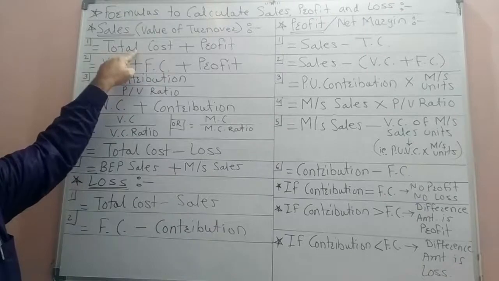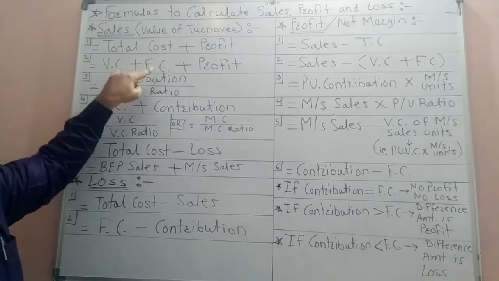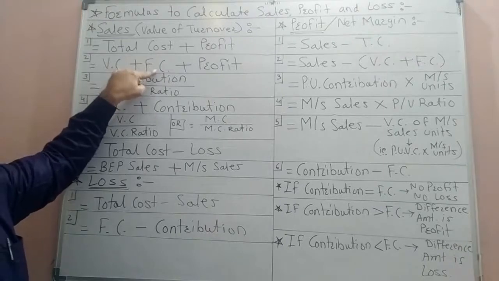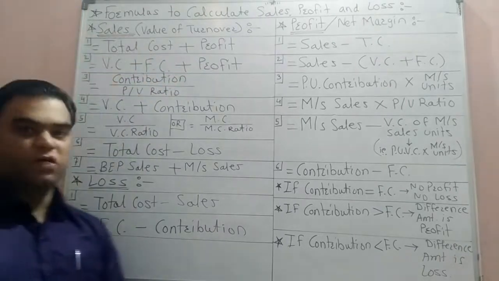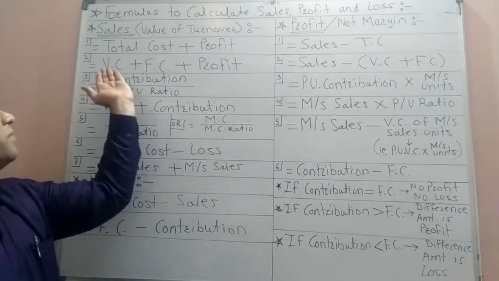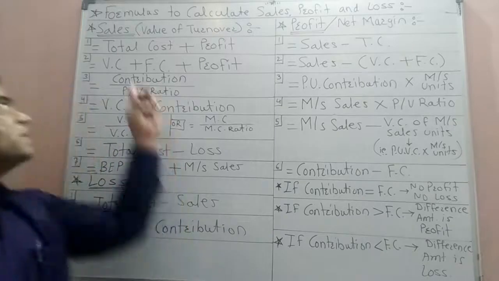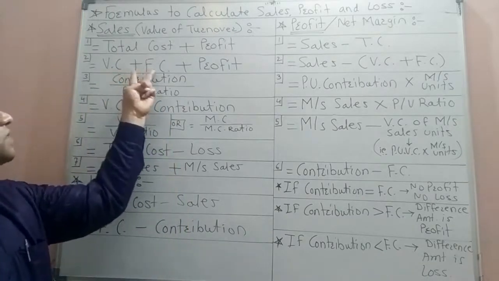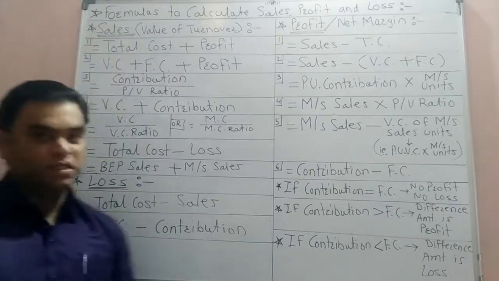So total cost means the sum of variable cost and fixed cost. So the sum of variable cost and fixed cost, that is total cost, plus profit, which is similar to the first formula. As we know, sales includes 3 contents: variable cost, fixed cost and profit. So the total will be the sales.